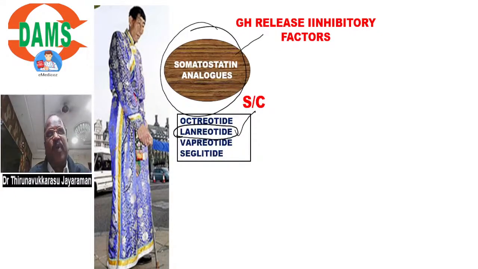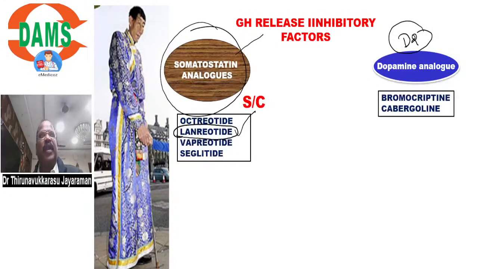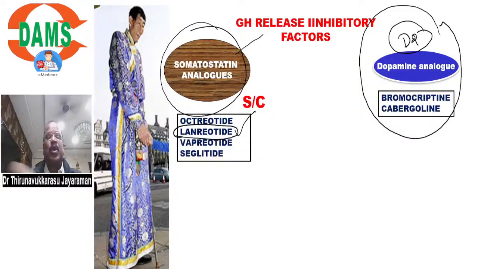In this junction, please note, it's not only somatostatin analogs. There is one more group of drugs that inhibit growth hormone release. They are called D2 agonists, like bromocriptine and cabergoline. They are also able to decrease growth hormone release, thereby useful for acromegaly. In fact, these are the only group of drugs useful for acromegaly orally.